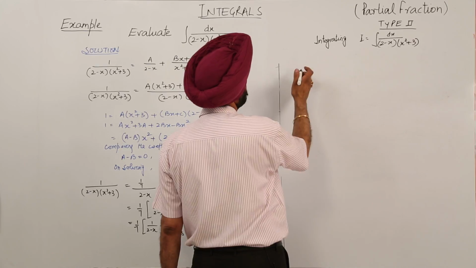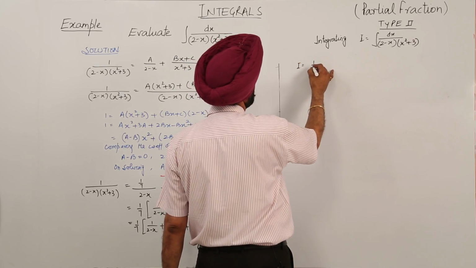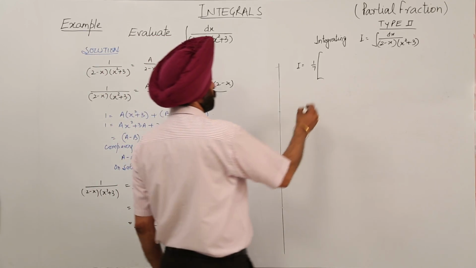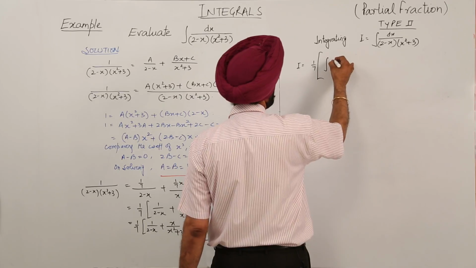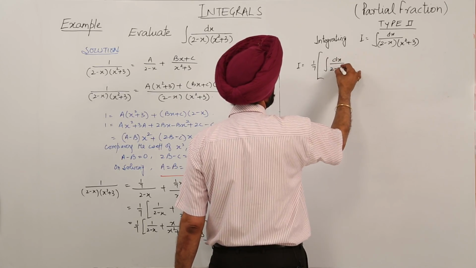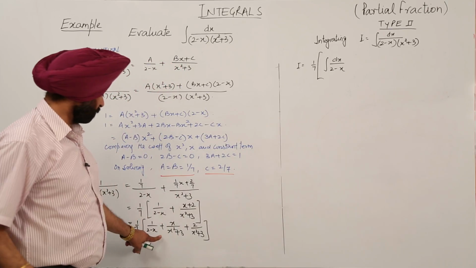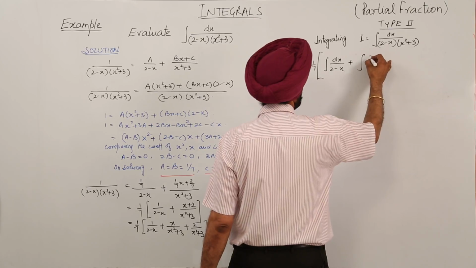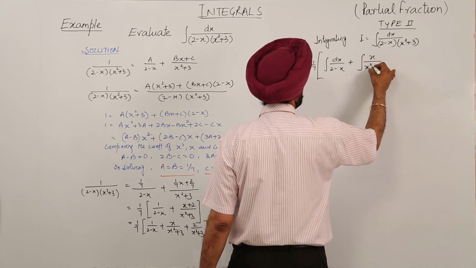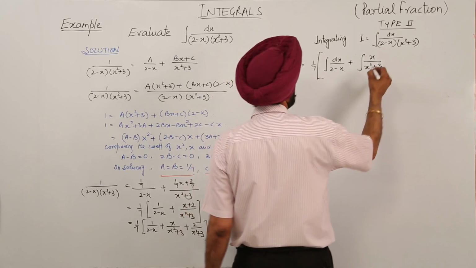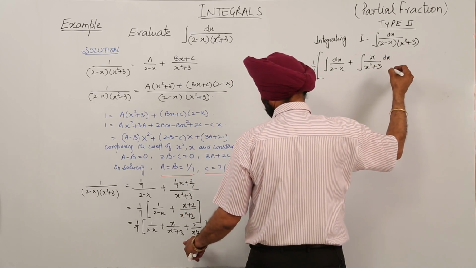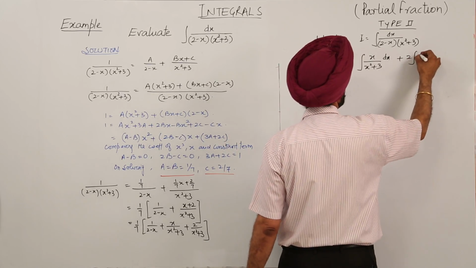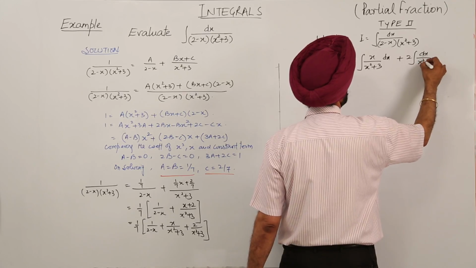Okay, so now we are having integration of 1 by 7 [integration of dx upon 2 minus x, first term, plus integration of x upon x square plus 3 dx, plus 2 integration of dx upon x square plus 3].